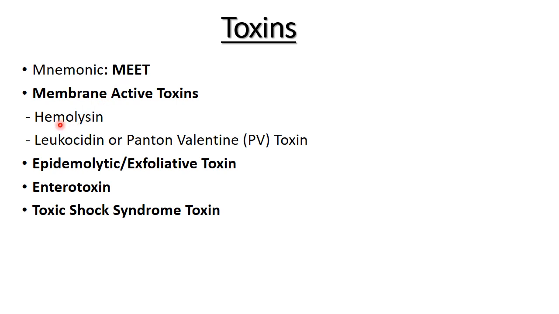These are hemolysin and leukocidin, which is also known as Panton-Valentine toxin. Then we have epidermolytic or exfoliative toxin. You will mainly find exfoliative toxin, but I've also added another name in case your lecturer uses it. Then you have enterotoxin, and lastly you have toxic shock syndrome toxin.